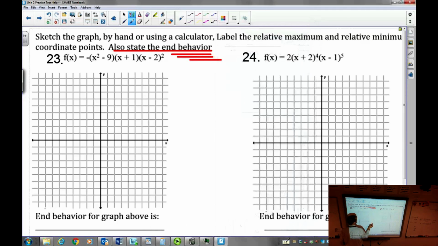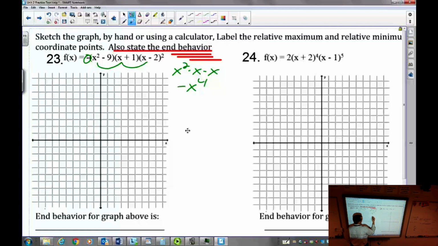For those of you who want to learn without the calculator, basically these are your x zeros in parentheses, already factored for you. And so we know that the end behavior has to do with the x squared times the x times the x. And so x squared times x is x to the fourth power. And then we have a negative there. Don't forget your negative.